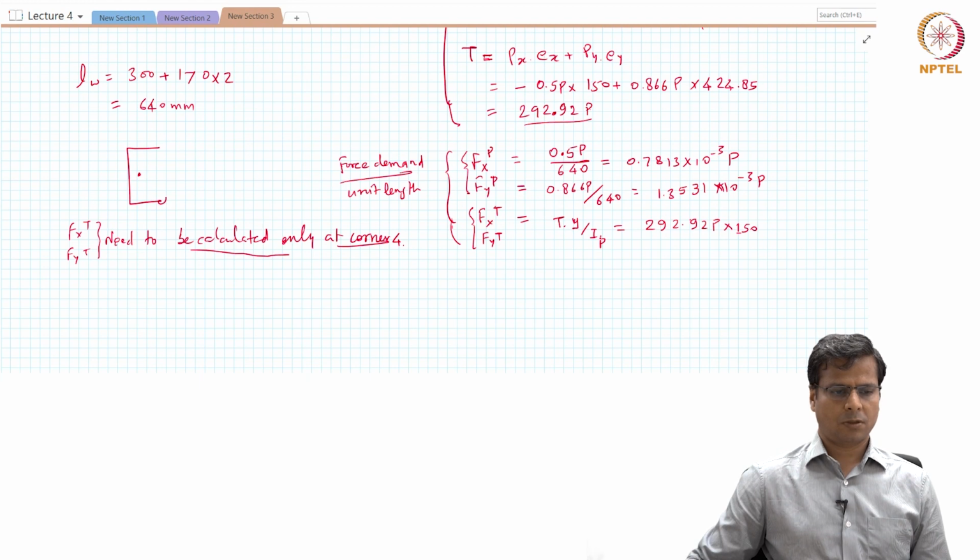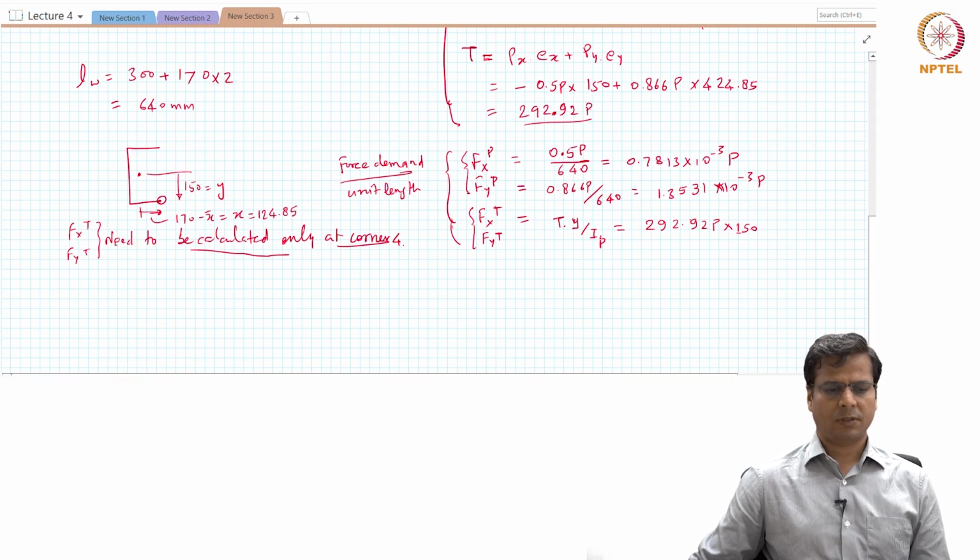So this corner is at a distance of 150 millimeter in y direction and at a distance of 170 minus x bar, which is equal to 124.85. Okay, that is the distance from the centroid.